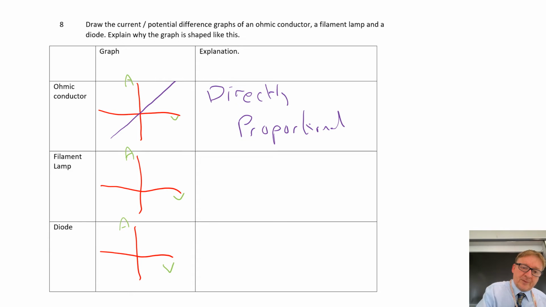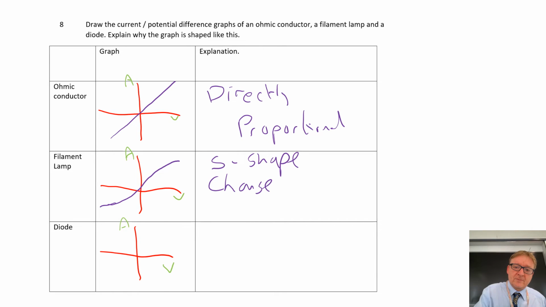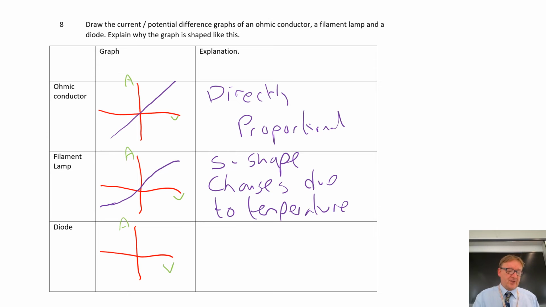A filament lamp is very similar, but it's kind of like an S shape. And it's an S shape, but it changes due to temperature. So as the temperature changes, the resistance changes.